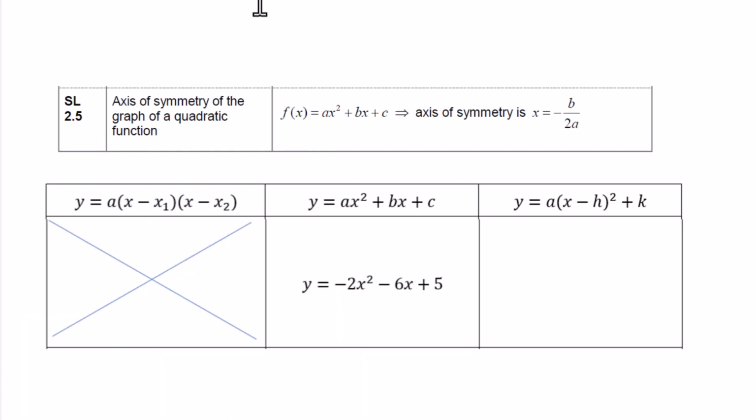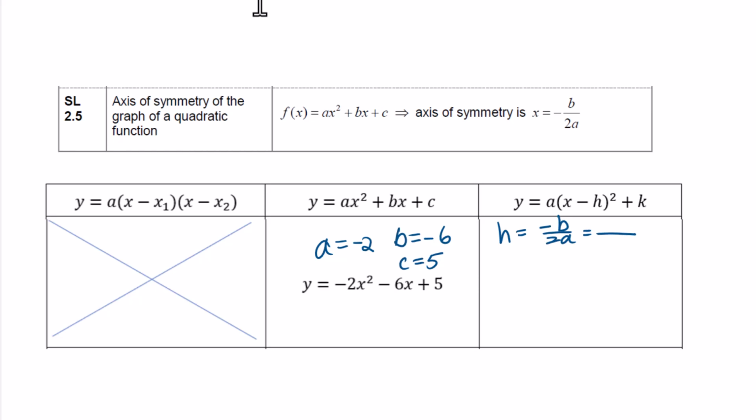We are given this standard form. We need to change this into vertex form. I will show you how to do this by graphing calculator and by hand. We are given a equals -2, b equals -6, c equals 5. h equals -b over 2a.